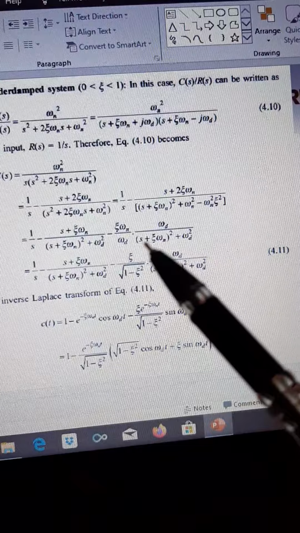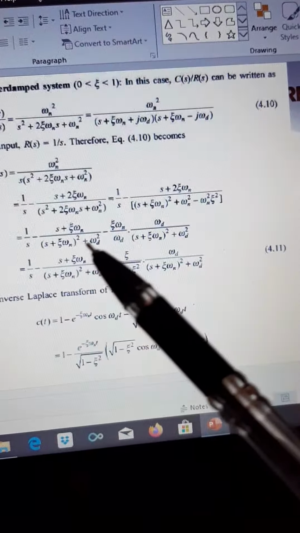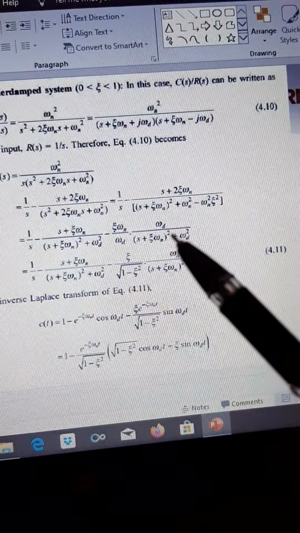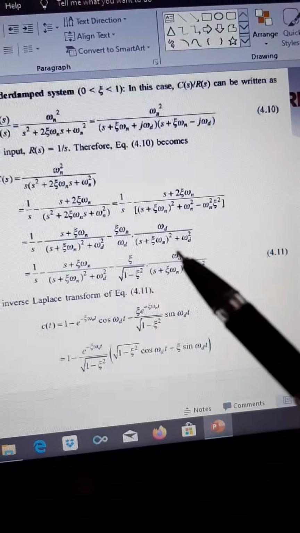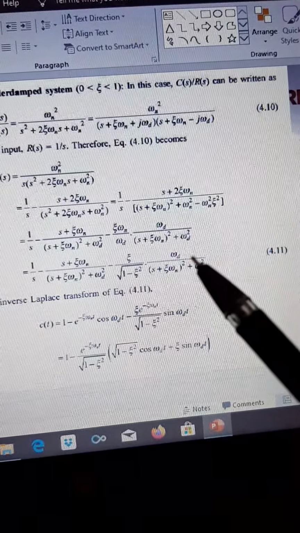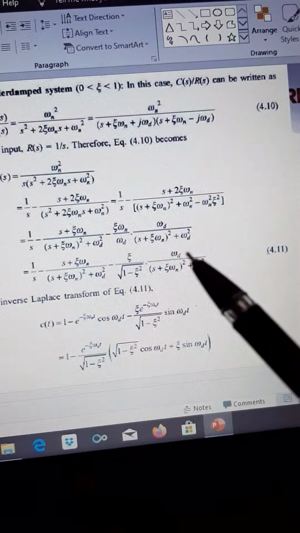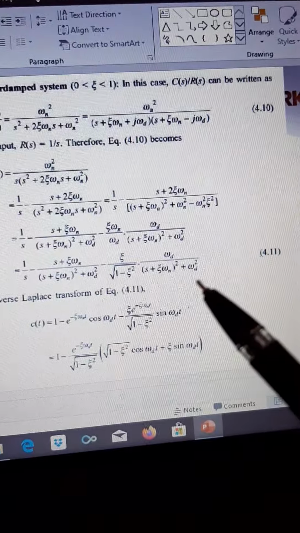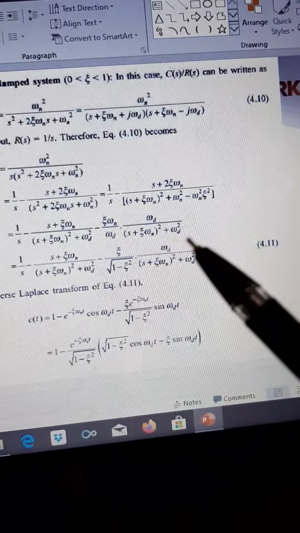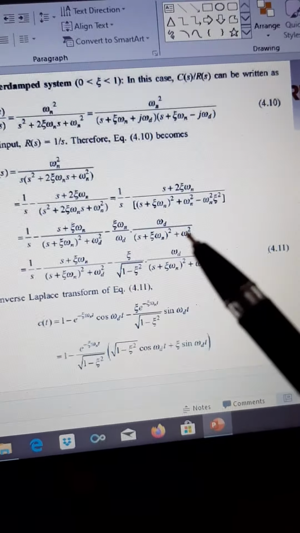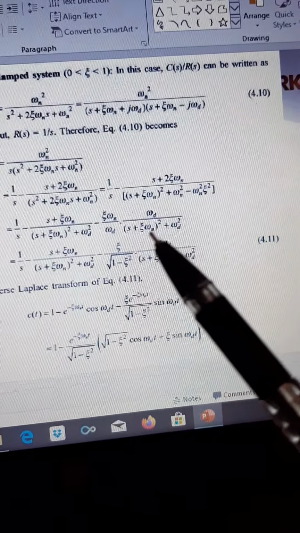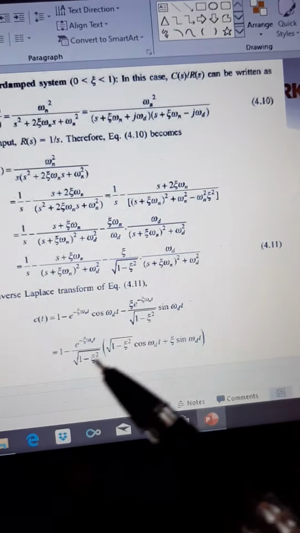When you take the common term, you will get the same expressions. All of you write it here.